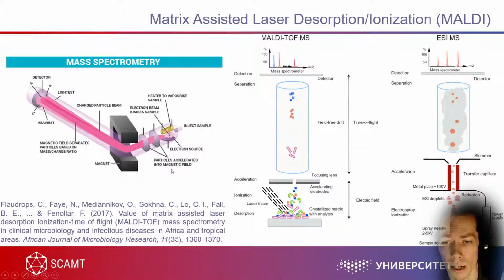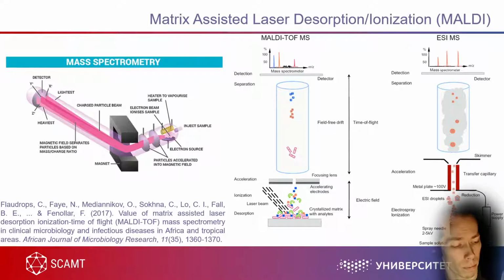After this, it's accelerated into a magnetic field, going through some magnetic separators to a detector, and the detector detects based on molecular weights and charges of these molecules. And according to a specific database, the information can be obtained in the form of a mass spectrum. And this is mostly in the case of low molecular weight compounds, maybe not low.